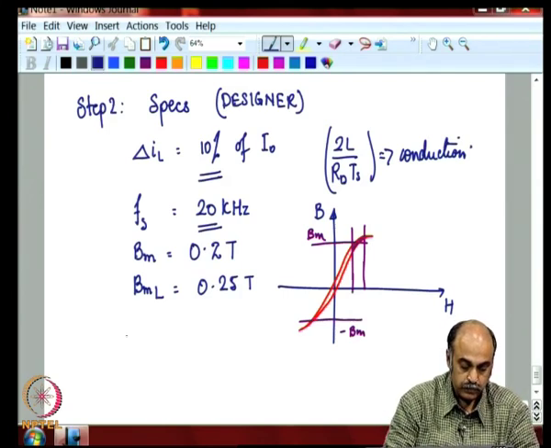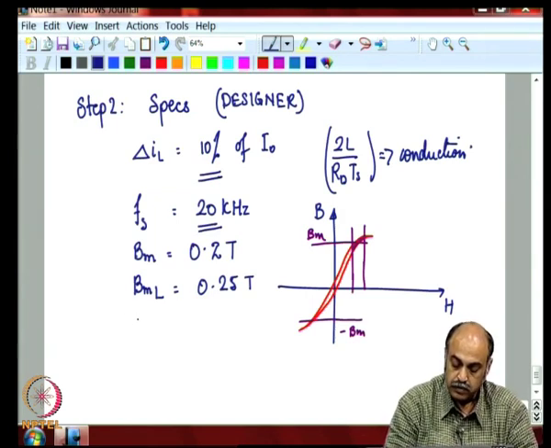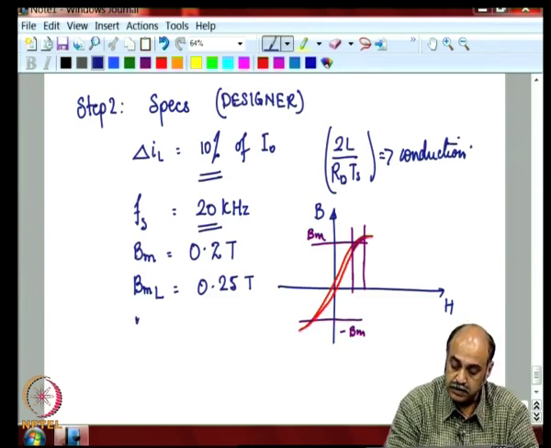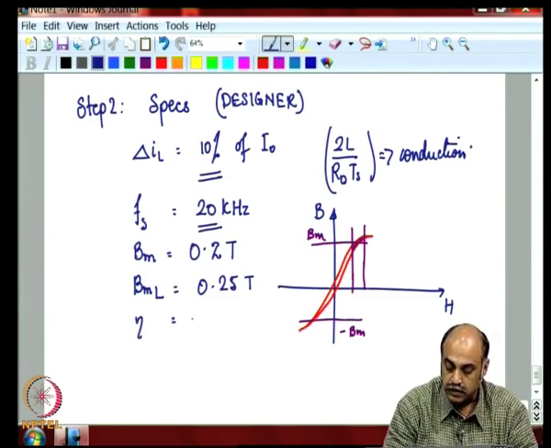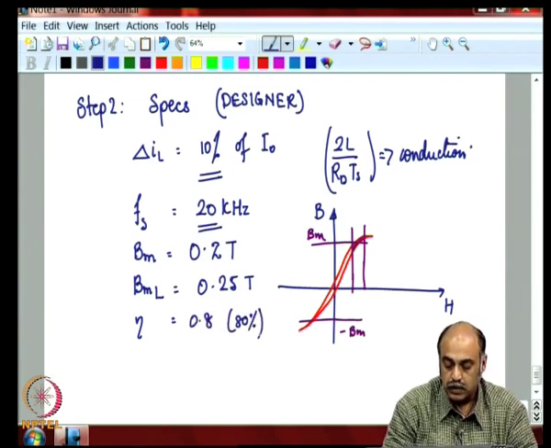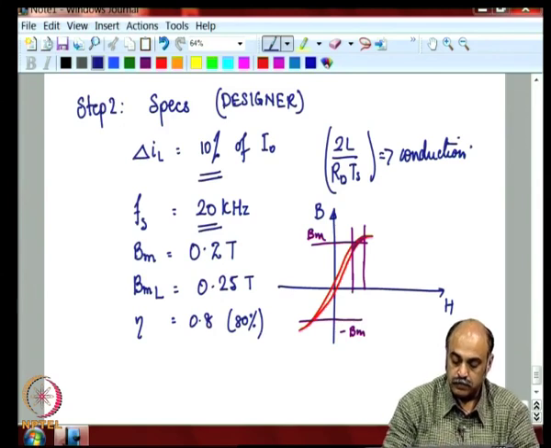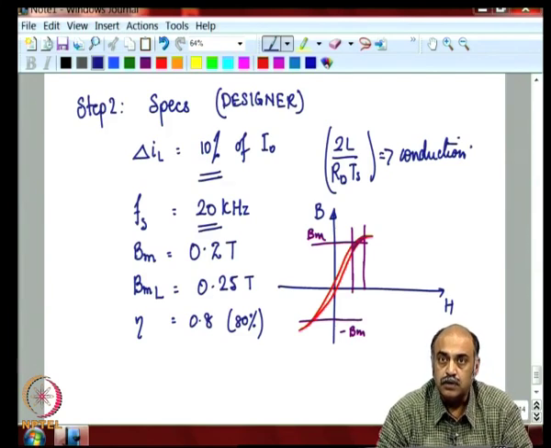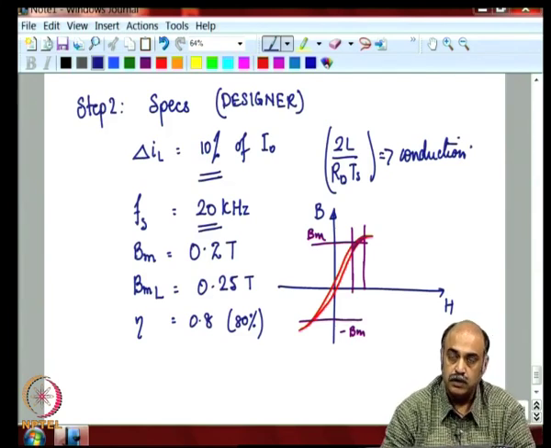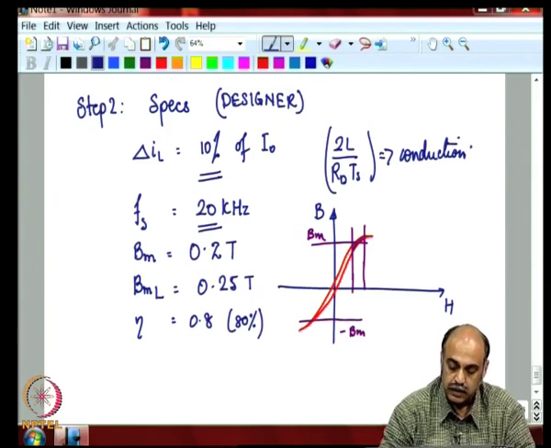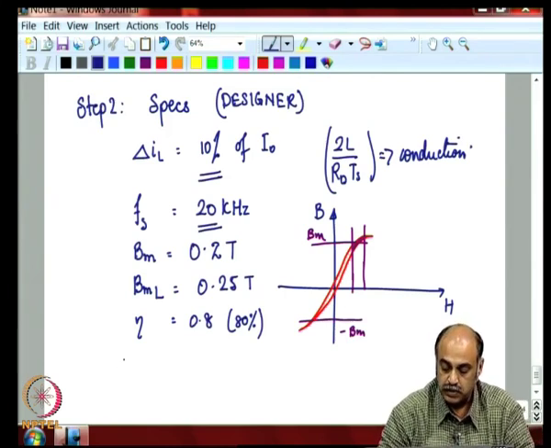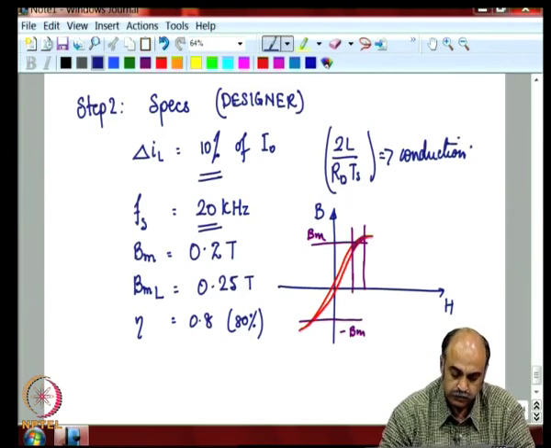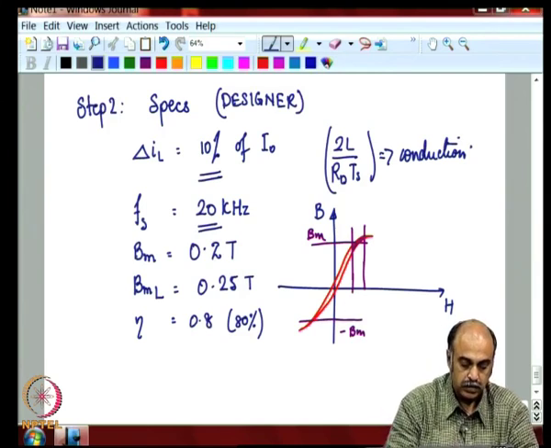Next, you need to have a starting value of efficiency for the transformers. For low power applications, the efficiency can be as low as 80%. In case you need to rate the input components, like the input of the primary of the transformer, you take an approximate efficiency of 80%, which will be on the conservative side.